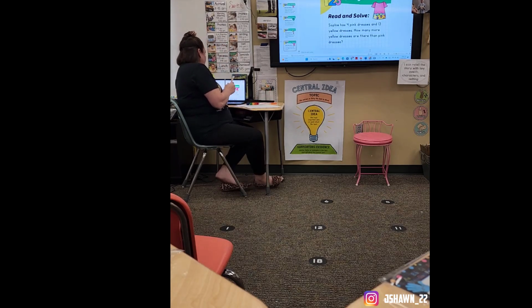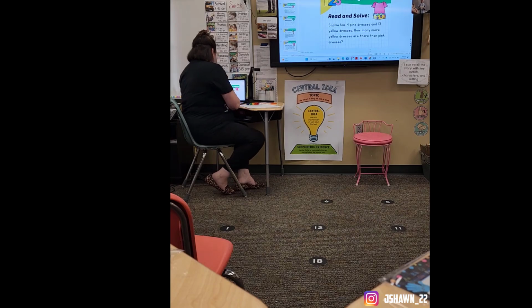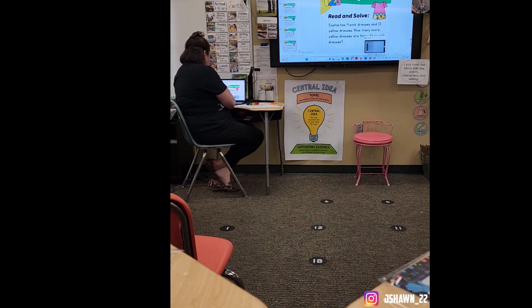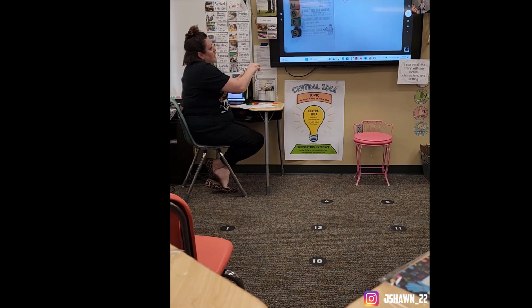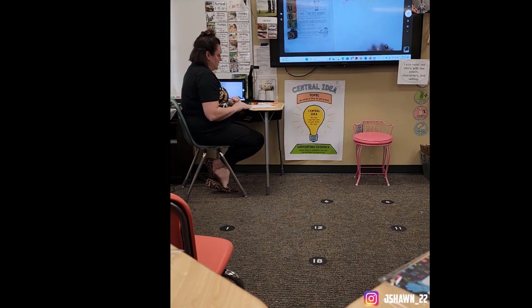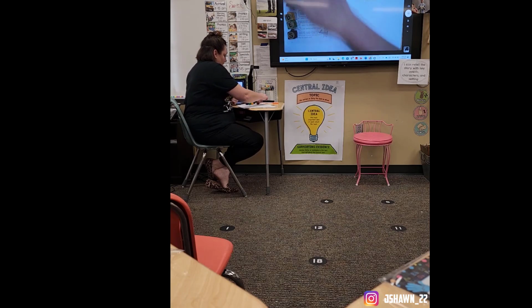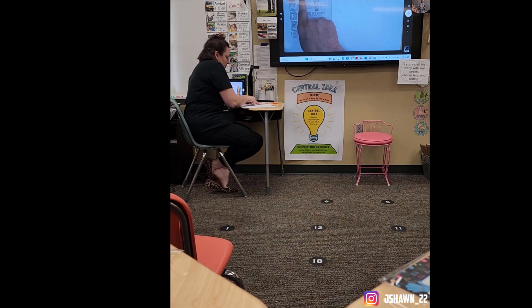And they want to know how many more yellow dresses are there than pink. So if we look back at how we're going to solve our word problem, the first step they want us to do is circle the numbers. That's the C portion of our cubes acronym. Circle the numbers.